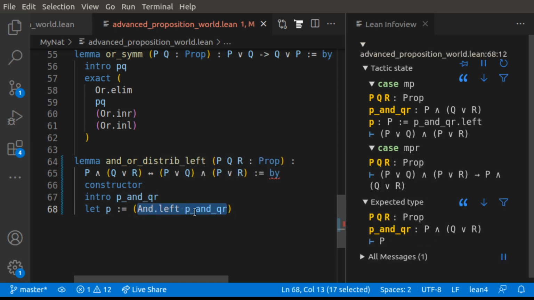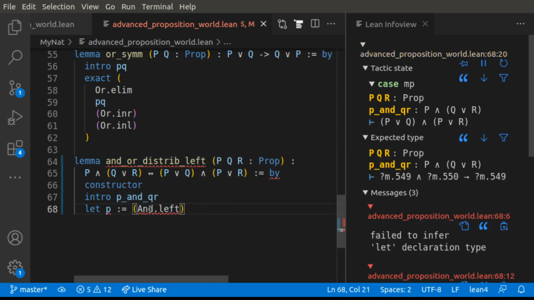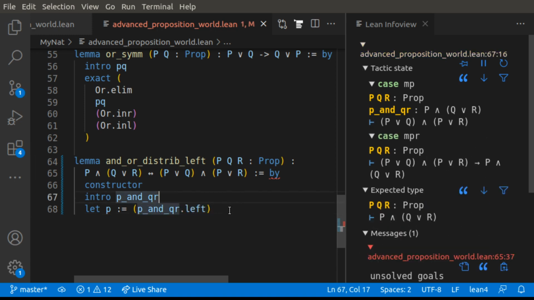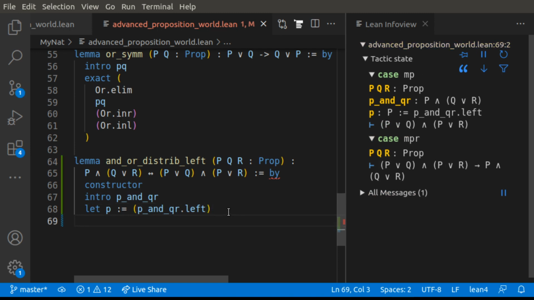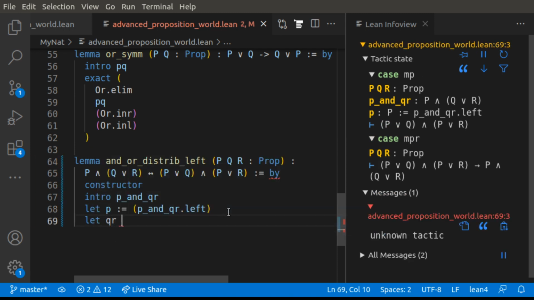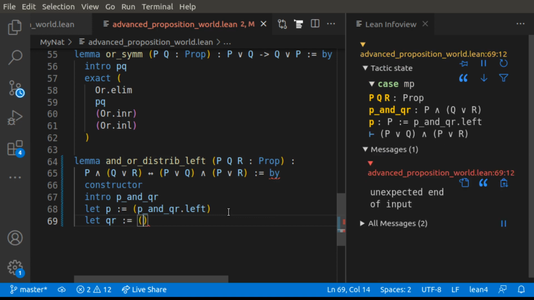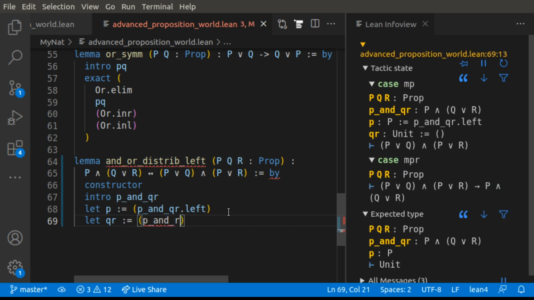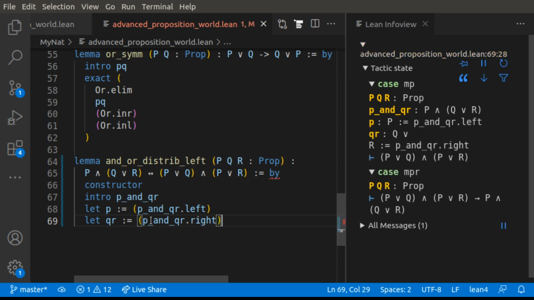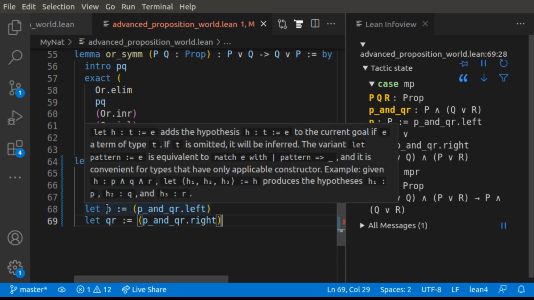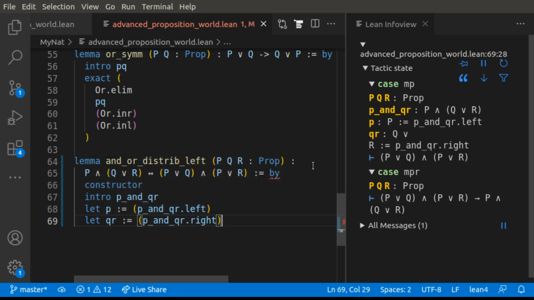Okay, I think I'll also do just this dot left. And then let QR be the and dot right. That gets me Q or R, and P is P. Okay, we're starting to make progress.